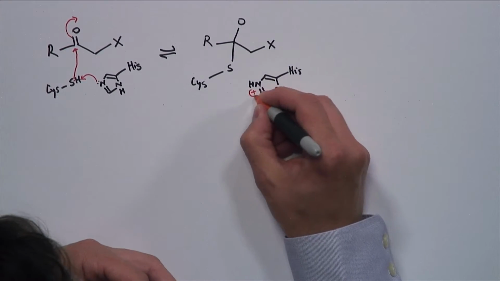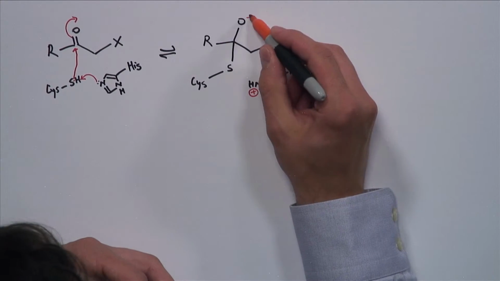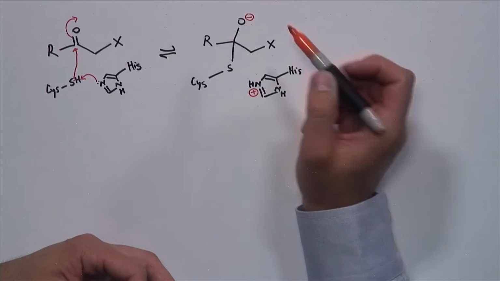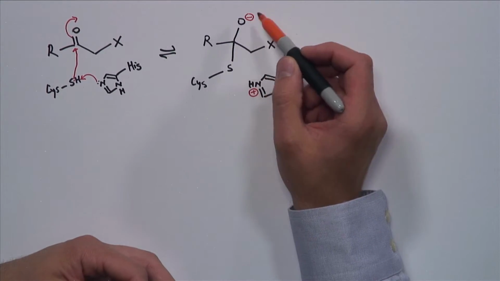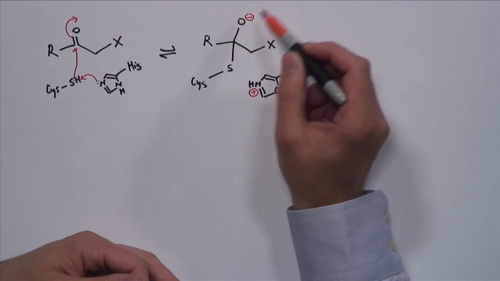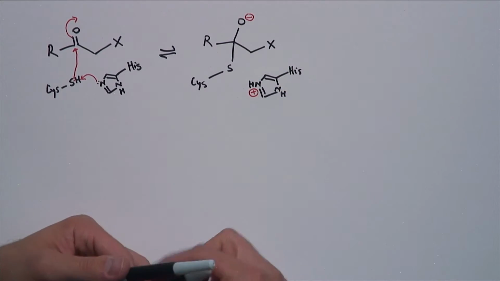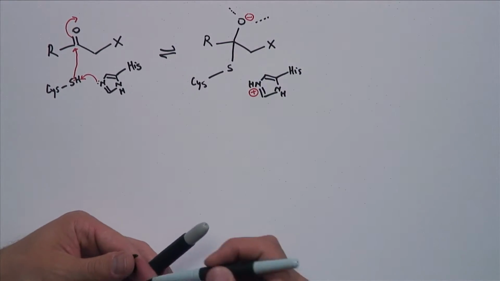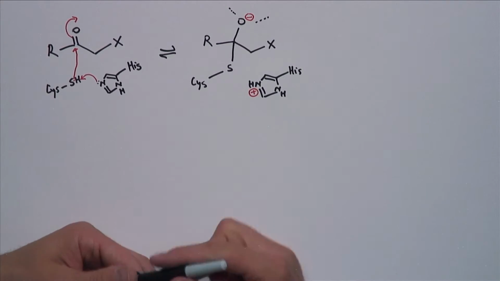And we have a positive charge here on the histidine and a negative charge on the O- here. Now, this tetrahedral intermediate presumably will be stabilized in an oxyanion hole, as you have seen before, with some kind of hydrogen bonds to the backbone of the protein.